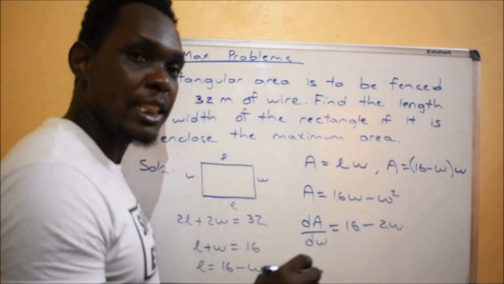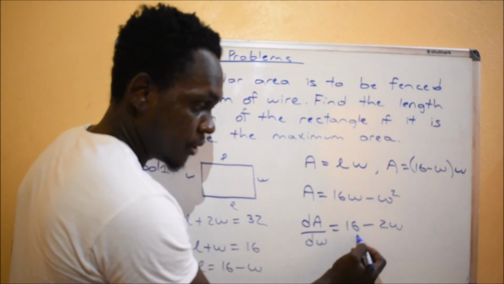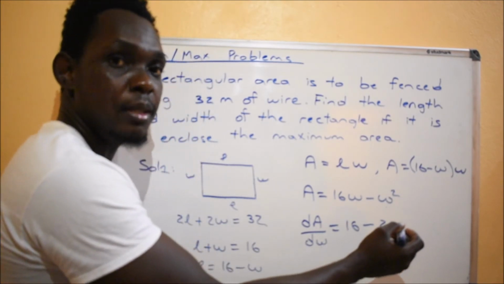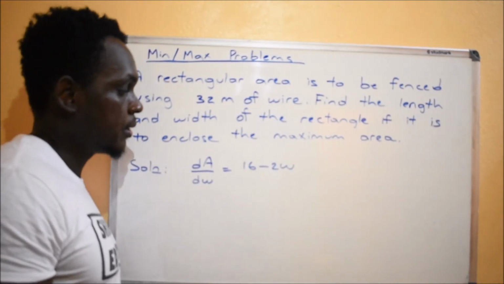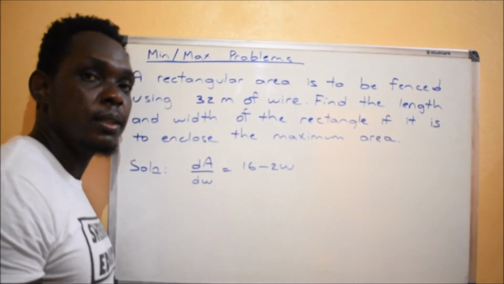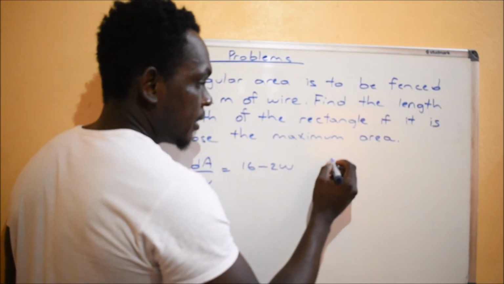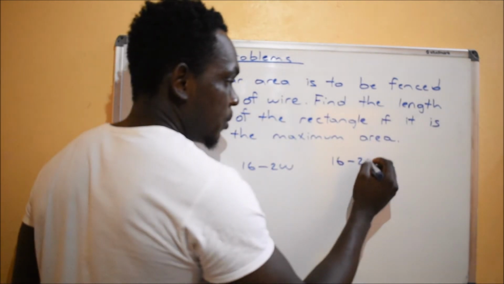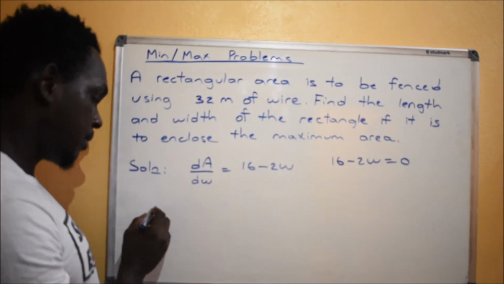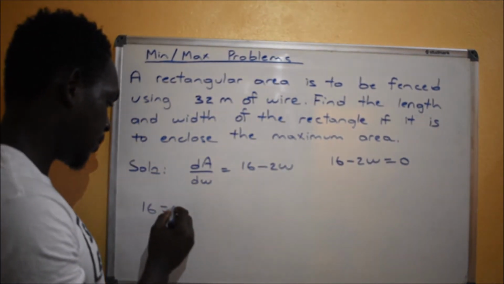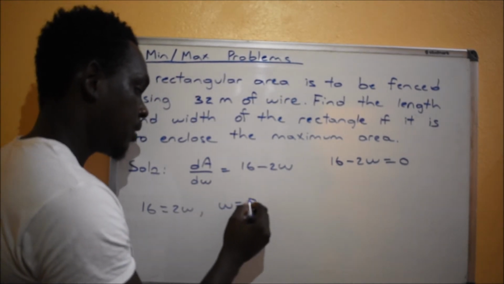Now at the maximum or minimum point, this derivative should be equal to 0. Since when the derivative is equal to 0 we have the max or min, we equate 16 minus 2W to 0, and solving this we get 16 equal to 2W and W equal to 8.